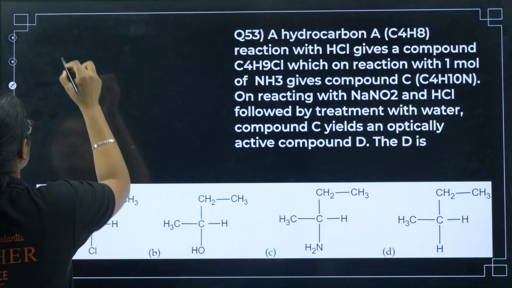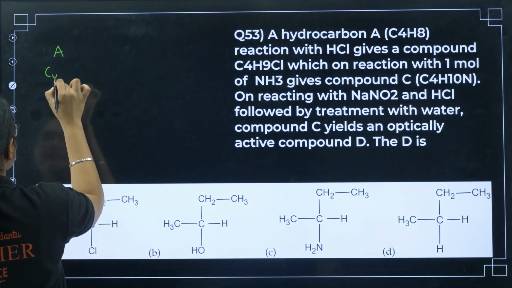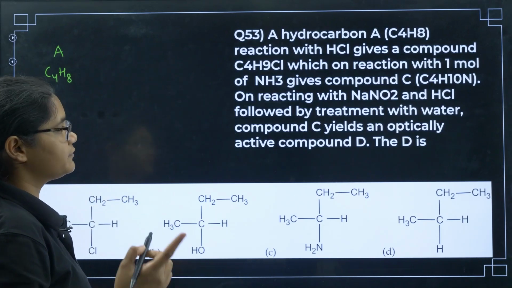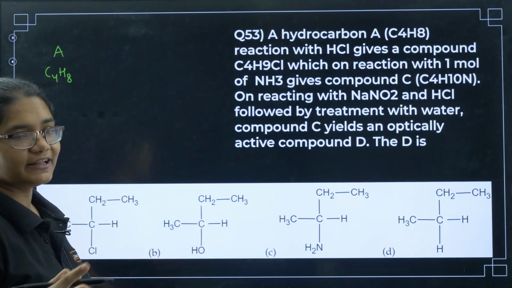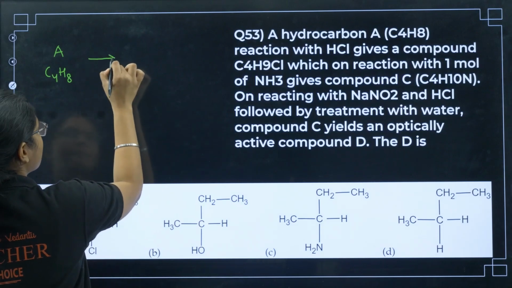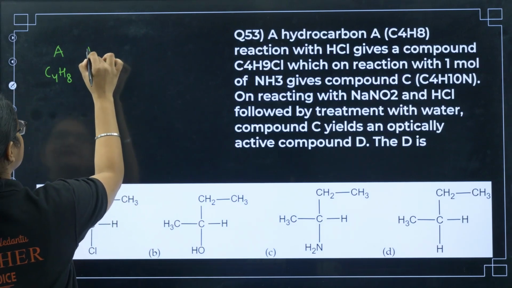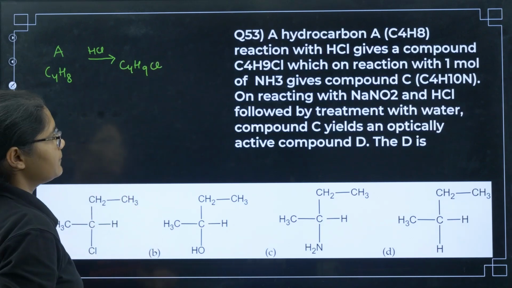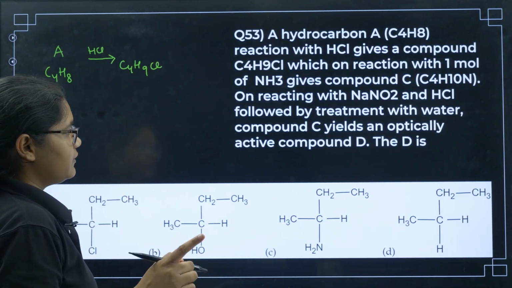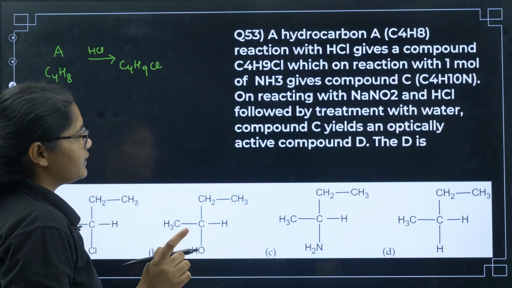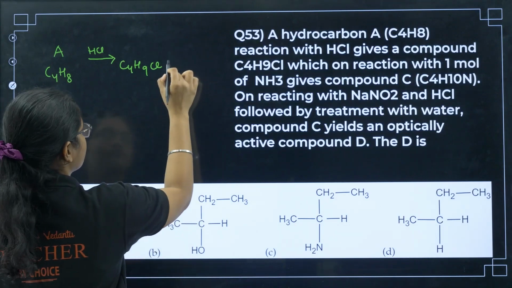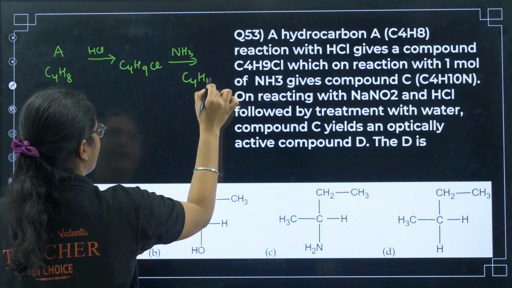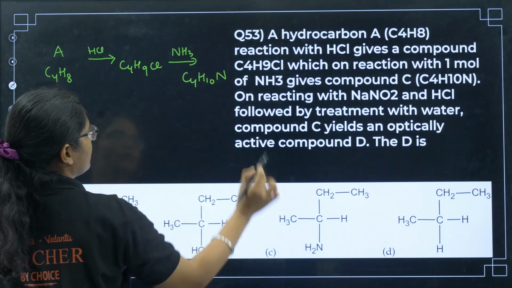Okay, so let us write down. We have one hydrocarbon A, that is C4H8, which on reaction with HCl gives a compound C4H9Cl, which on reaction with 1 mole of NH3 gives a compound C4H10N.